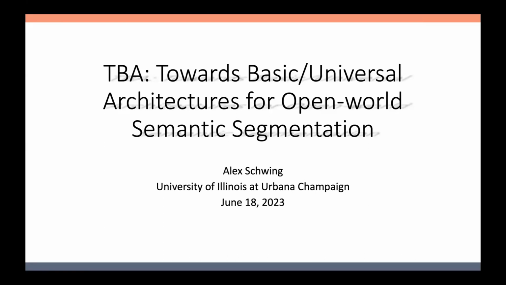I'm now delighted to introduce our next speaker, Alexander Schwing. Alex is an associate professor in the Department of Electrical and Computer Engineering at the University of Illinois Urbana-Champaign, UIUC, and he's affiliated with the Coordinated Science Laboratory and the Computer Science Department. Prior to that, he was a postdoctoral fellow in the machine learning group at the University of Toronto, collaborating with Raquel Urtasun.